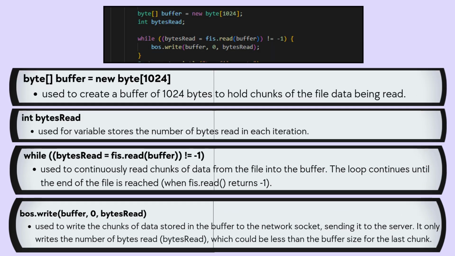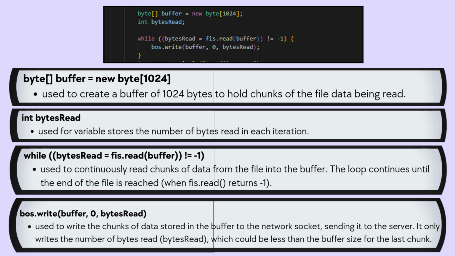Byte[] buffer = new byte[1024], used to create a buffer of 1024 bytes to hold a chunk of the file data being read. int bytesRead is a variable that stores the number of bytes read in each iteration. While ((bytesRead = fis.read(buffer)) != -1) is used to continuously read chunks of data from the file into the buffer.